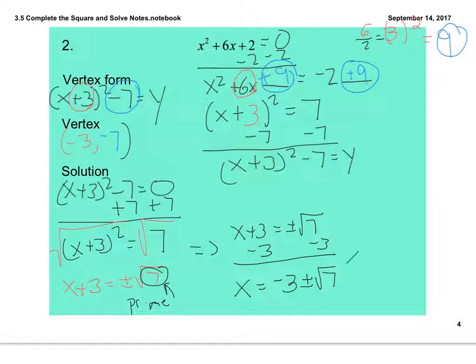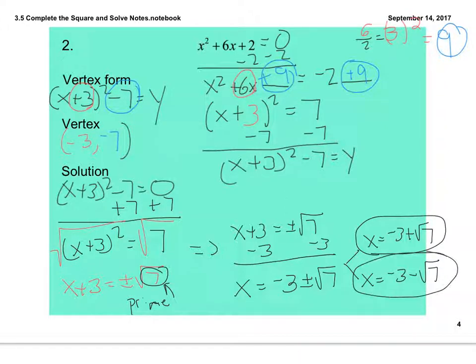That means I can have two solutions. X is equal to negative 3 plus the square root of 7 is one solution. Or the other solution would be x is equal to negative 3 minus radical 7. You could put those answers into a calculator.